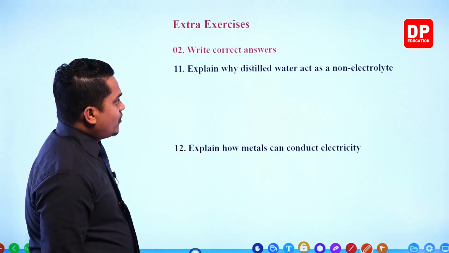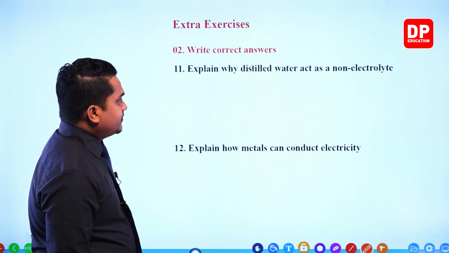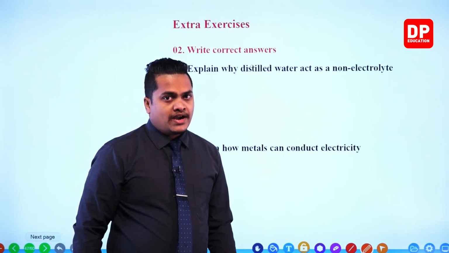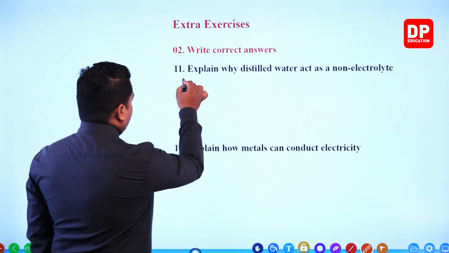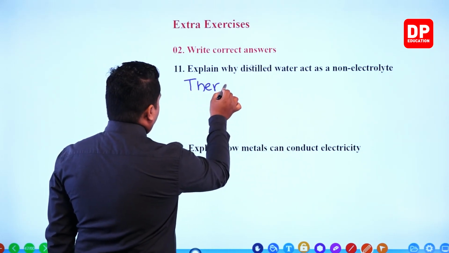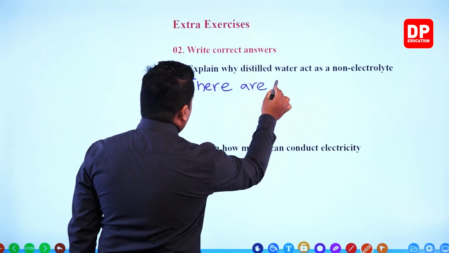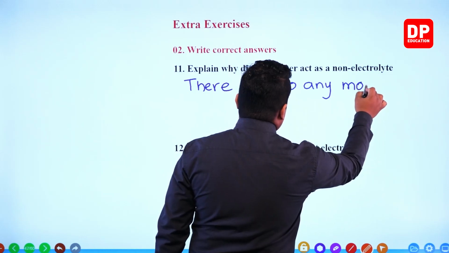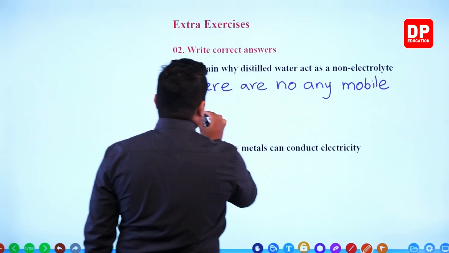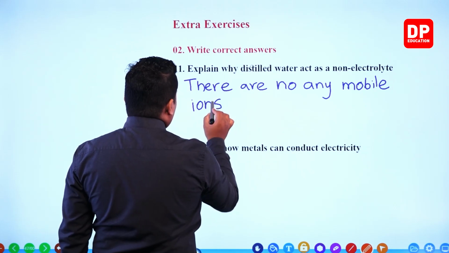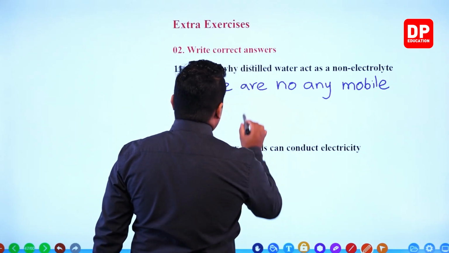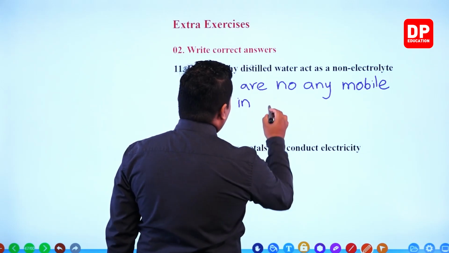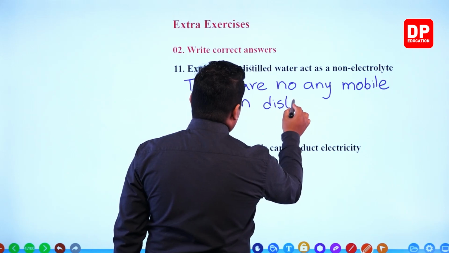Explain why distilled water acts as a non-electrolyte. Very simple, my dear children. Within distilled water, there are no mobile ions. So, there are no mobile ions in distilled water.